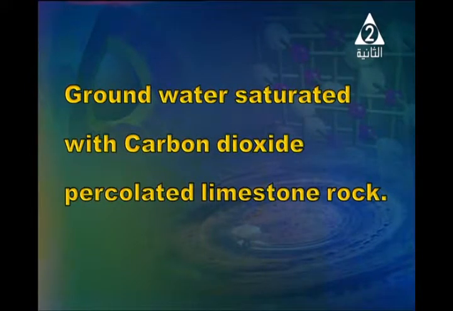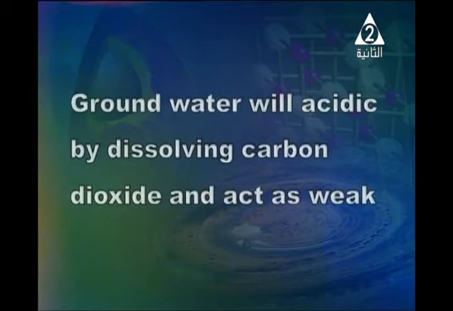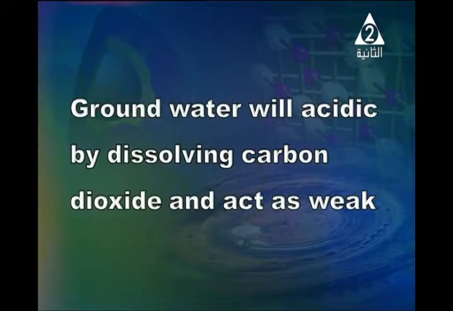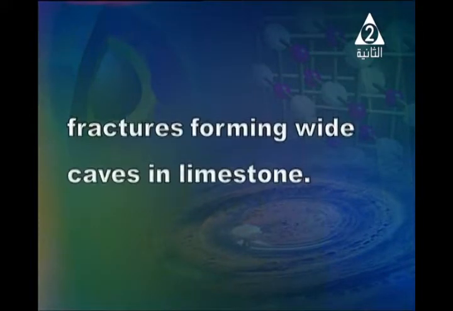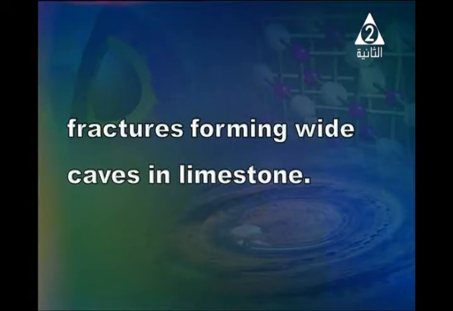Groundwater saturated with carbon dioxide percolates in limestone rocks. Of course, it leads to dissolution of these rocks. Groundwater becomes acidic by dissolving carbon dioxide and acts as a weak acid. It completely dissolves rock such as limestone, widens joints, makes fractures and forms wide caves in limestone.